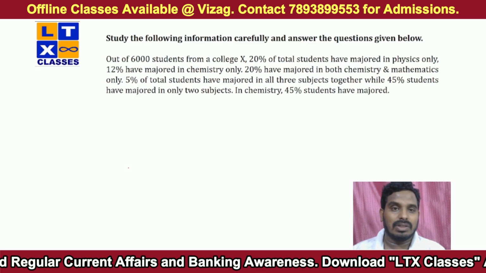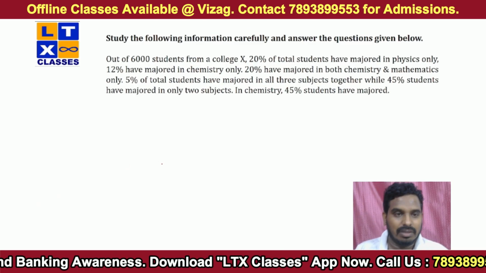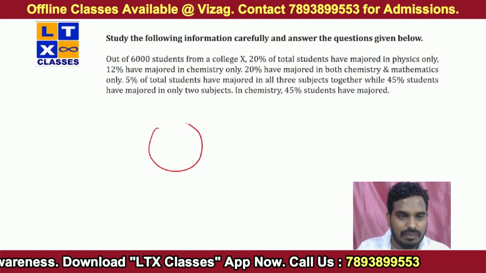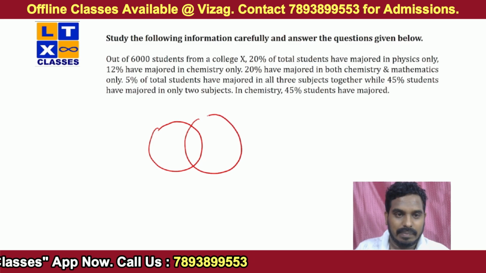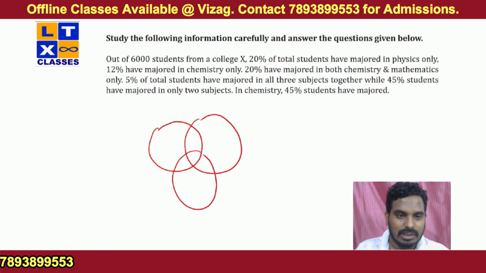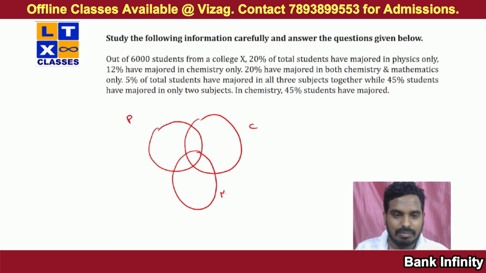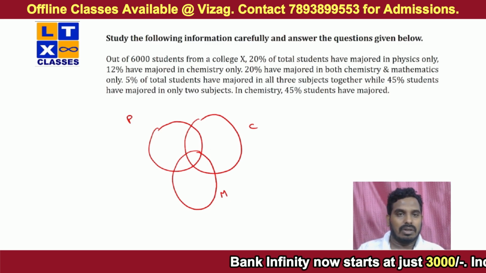Out of 6,000 students in a college X, 20% of the total students have majored in physics only. Okay. So physics. There is one more subject, mathematics, and there is one more subject, chemistry. So physics, chemistry, mathematics. Now I'll quickly pull all the data out of this.